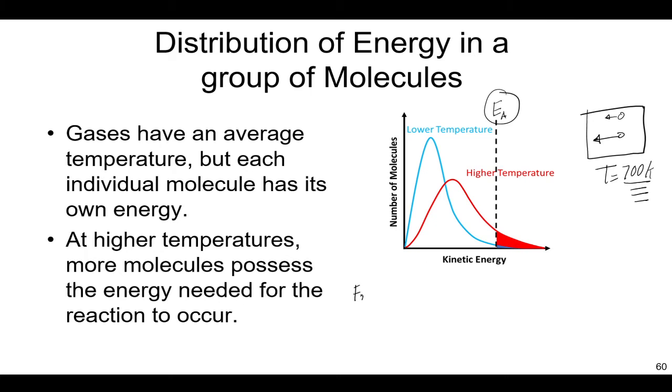The fraction of molecules with an energy greater than the activation energy, meaning they can get over that hill and form products, is going to be proportional to an exponential relationship that depends on this activation energy, depends on this gas constant R we've seen before, and depends on the temperature.